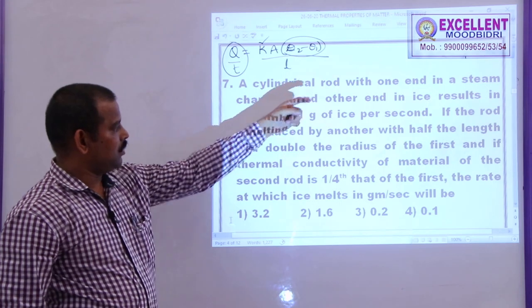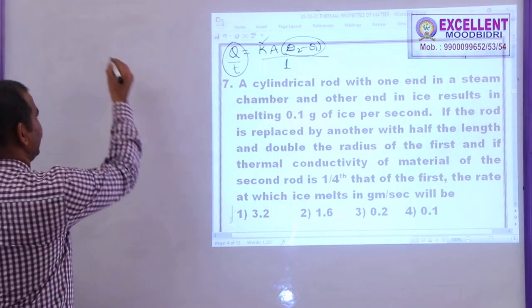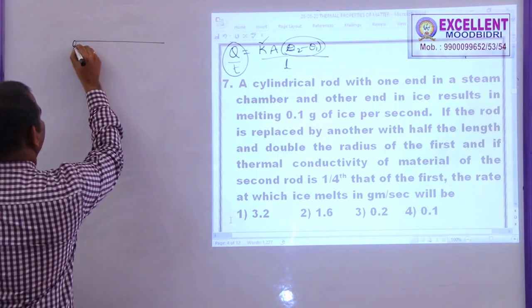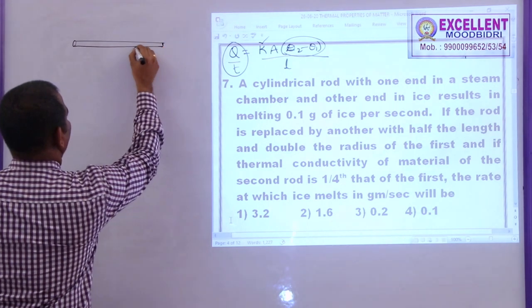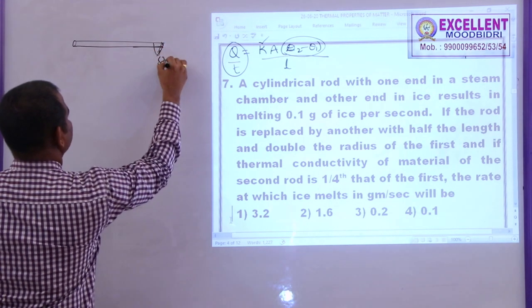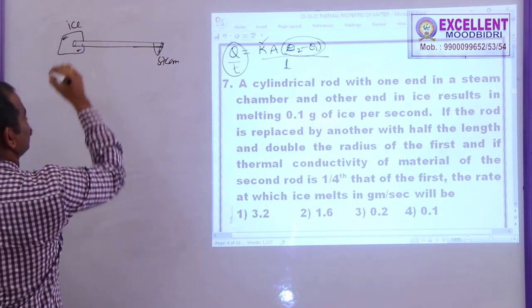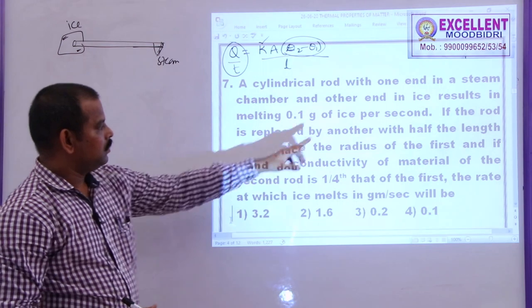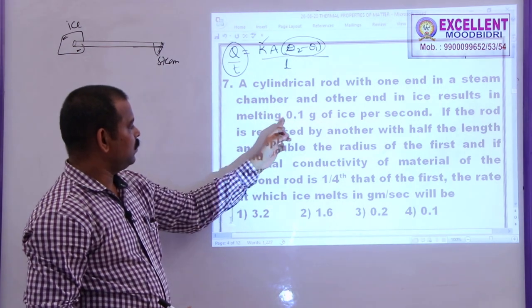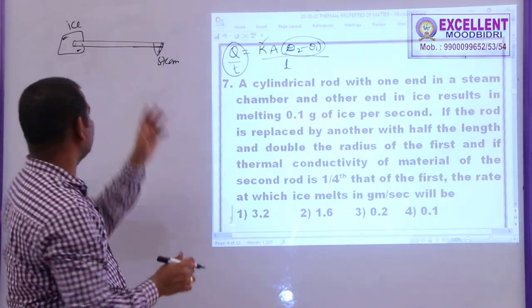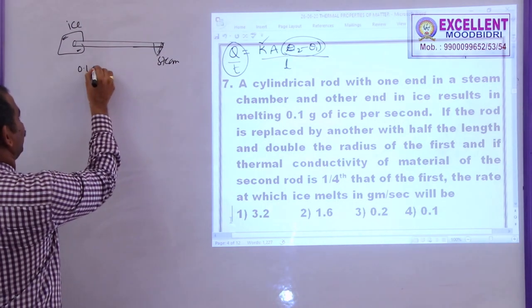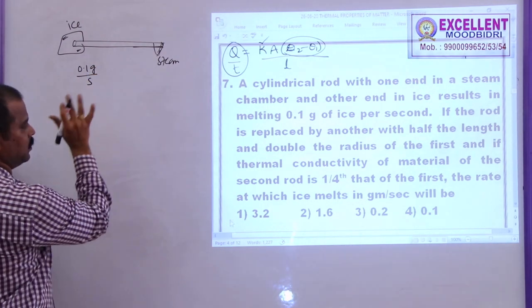A cylindrical rod with one end in a steam chamber and the other end in ice. So this is a cylindrical rod with one end in steam, and the other end is in an ice cube. This results in melting of 0.1 grams of ice per second. In this case, 0.1 grams of ice is melting per second in the first case.